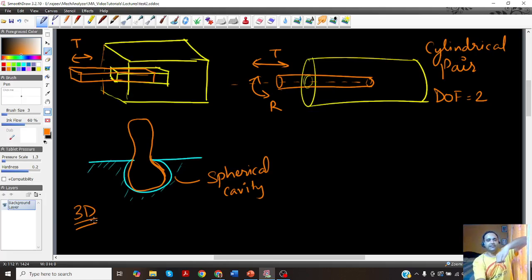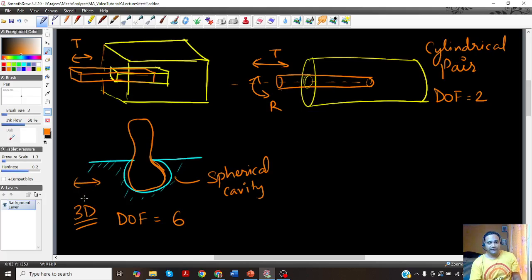Now in case of 3D, the object will have 6 degrees of freedom. I can translate, and I can also have 3 rotations. So the degree of freedom was 6 because it is a 3-dimensional case. However, because of this spherical thing, I can't move it in all the 3 directions, because I'll be breaking the joint.